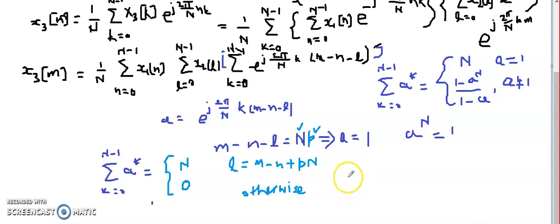Okay, now how to write this? This L index is written as m minus n plus pN, where p is an integer, but it has a significance that this N is the number of terms.